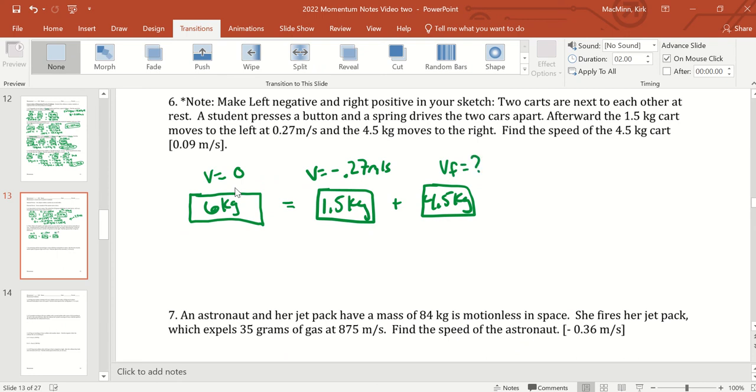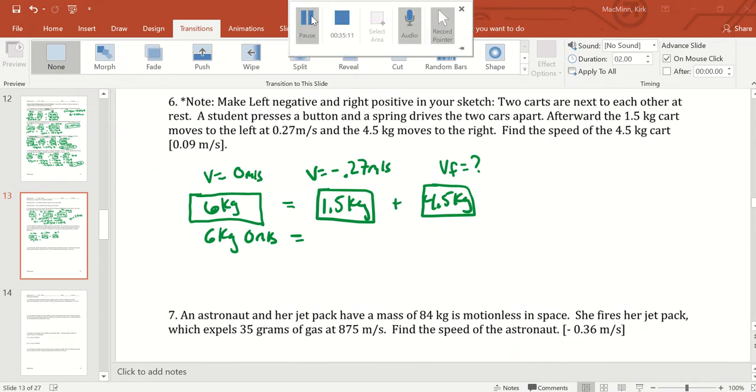Well, as you can see, the total initial momentum is 6 kilograms times 0 meters per second. So 0 is the total initial momentum. I then have to multiply the 1.5 kilograms times the negative 0.27, which will give me negative 0.405 kilogram meters per second plus 4.5 VF. So again, this whole thing was 0.